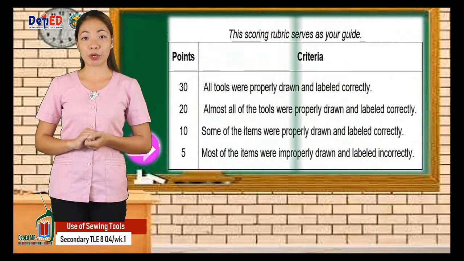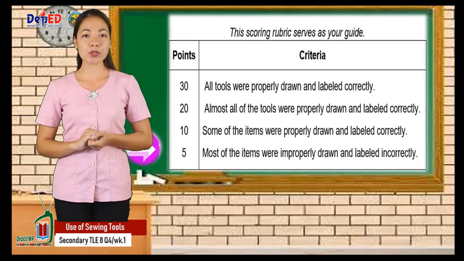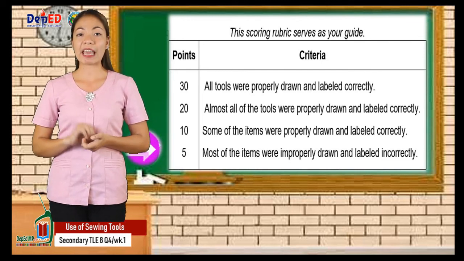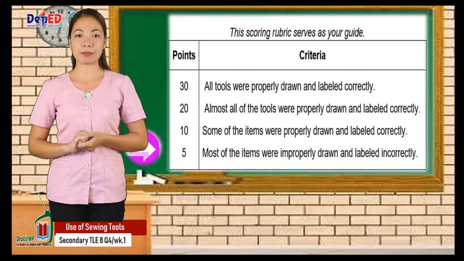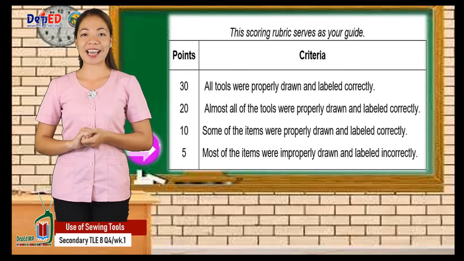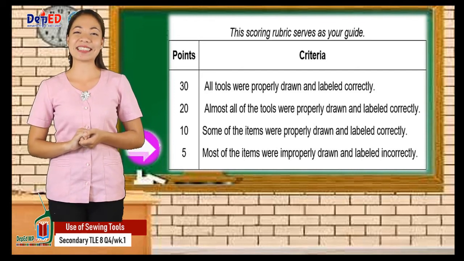You can have 30 points if all tools were properly drawn and labeled correctly. 20 points if almost all of the tools were properly drawn and labeled correctly. 10 points if some of the items were properly drawn and labeled correctly. And 5 points if most of the items were improperly drawn and labeled incorrectly.